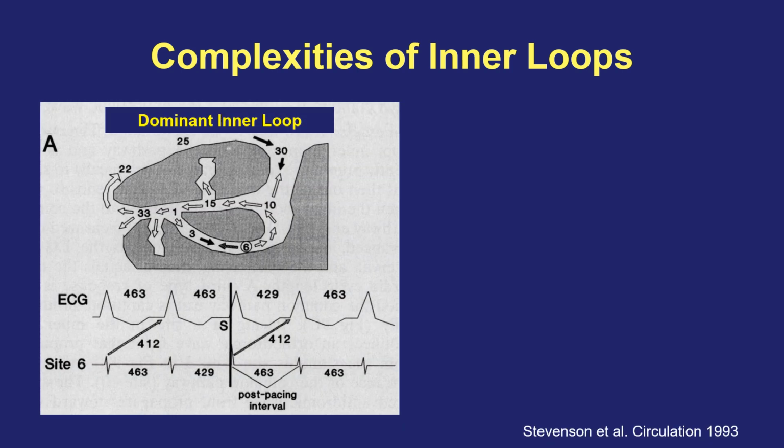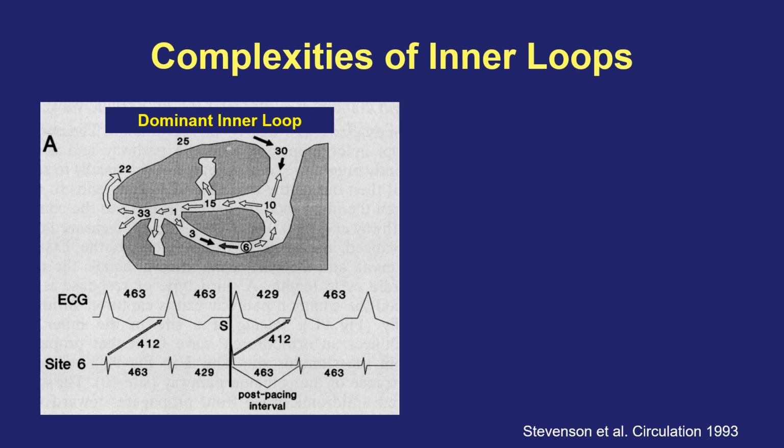And let me show you that I highly recommend that you go through this really, really great detailed manuscript from Bill Stevenson from 1993, where he spent an enormous amount of time and thought going through very complex circuits and looking at what would happen if you paced from different sites.